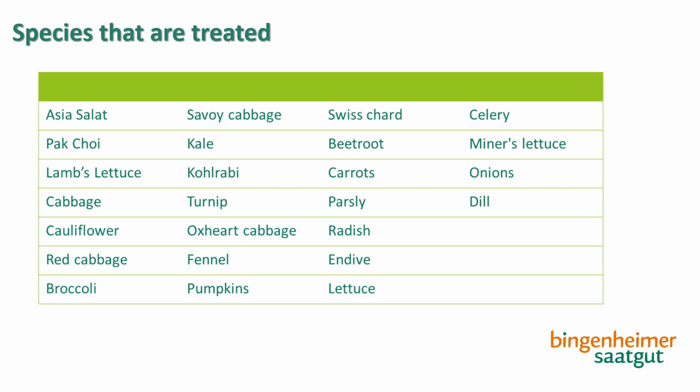Several species are routinely treated at Bingenheimer Saatgut, including different brassica species, different cabbages, leafy vegetables, but also beetroot, carrots, parsley, lettuce, dill, onions.